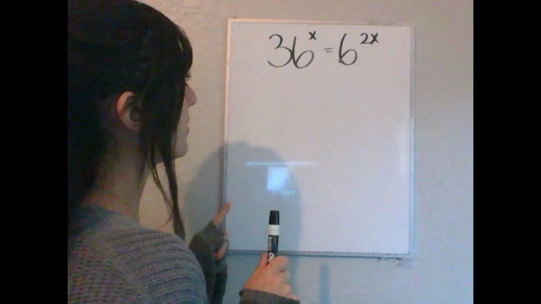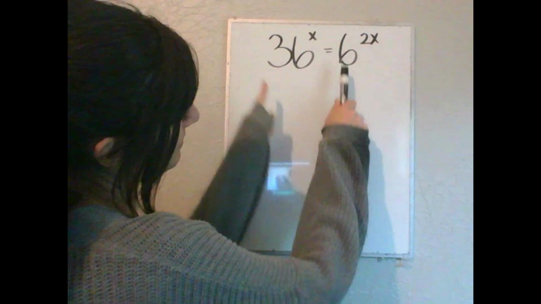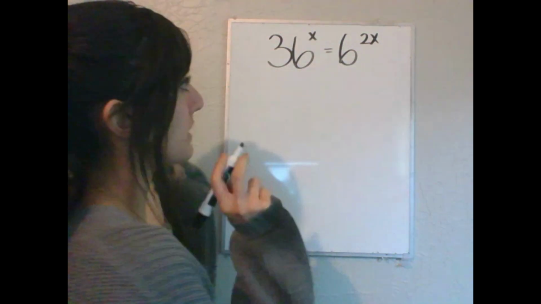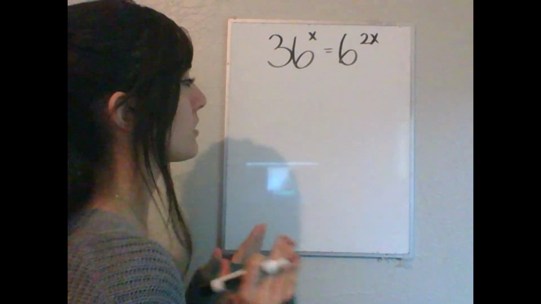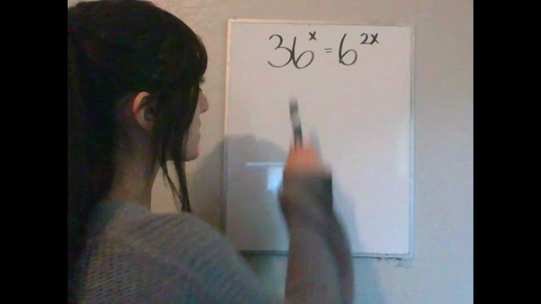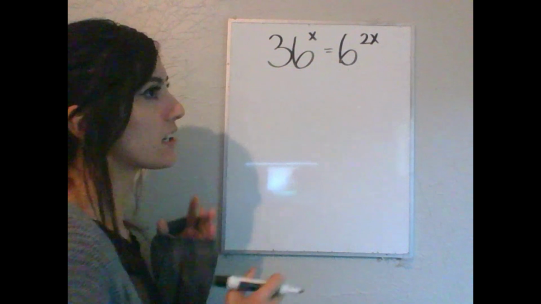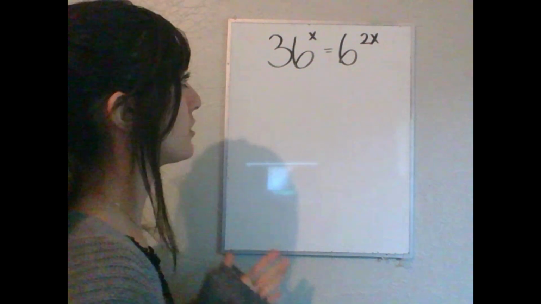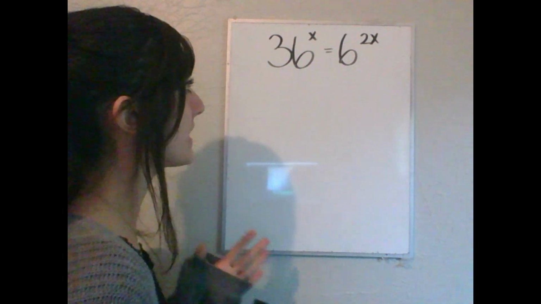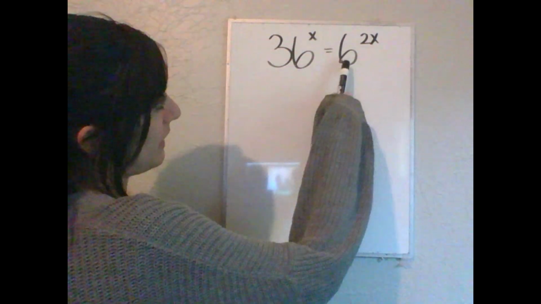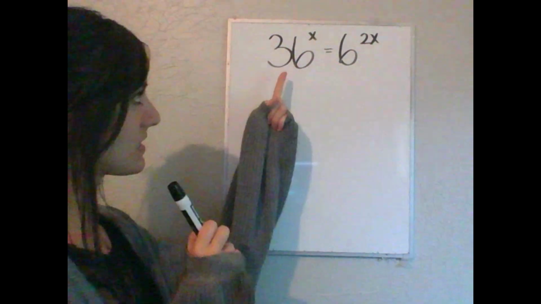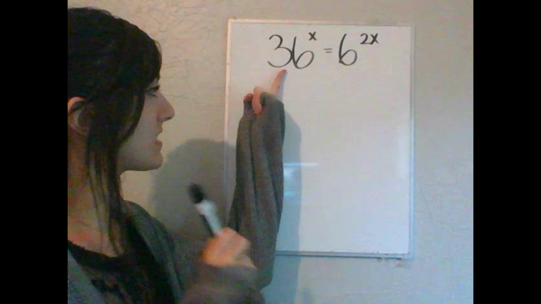In this example, we actually don't have the same base, so I do need to manipulate these to get them to equal each other. It helps to look at the bases that you are given and think to yourself, is there anything obvious that I can do to one or both of the bases to get them to be the same? Well, I've got a 6 here, and I know that 6 squared is 36.